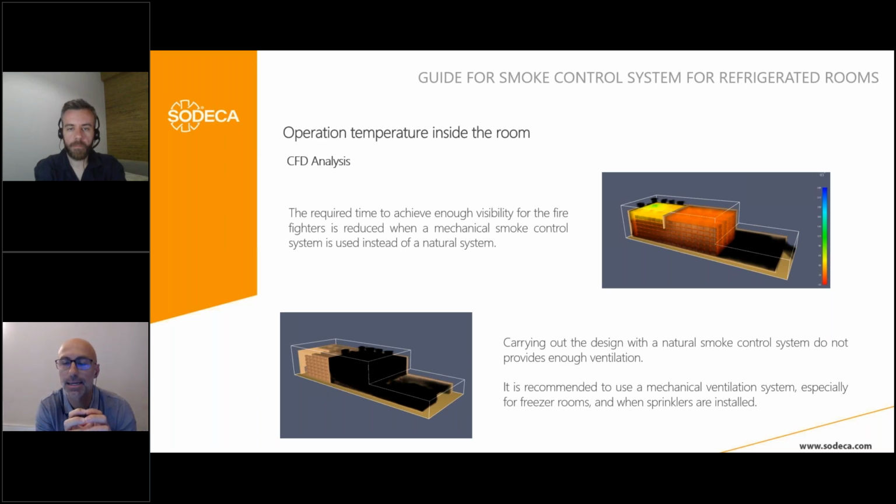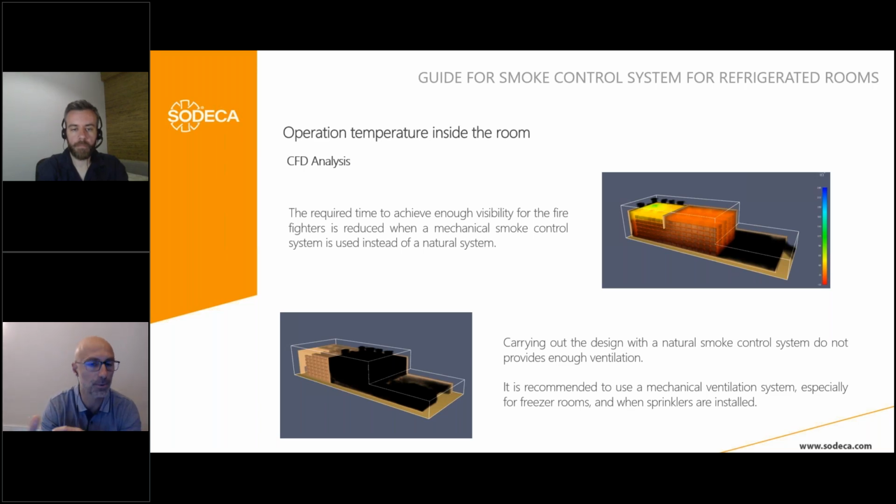When the guide of the cluster of fire safety companies in the Barcelona area was written, multiple CFD simulations were carried out in order to reach the following conclusions. The first conclusion is that the required time to achieve enough visibility for the firefighters is reduced when a mechanical smoke control system is used instead of a natural system.